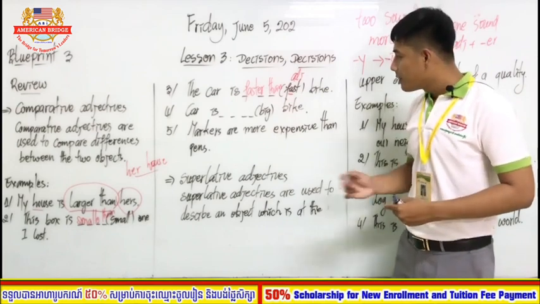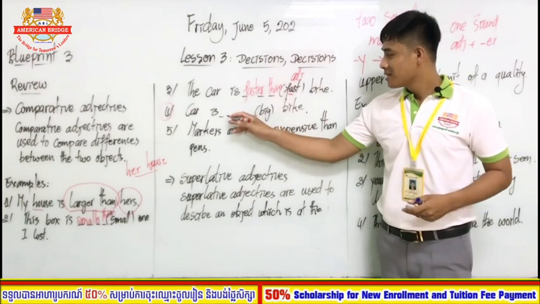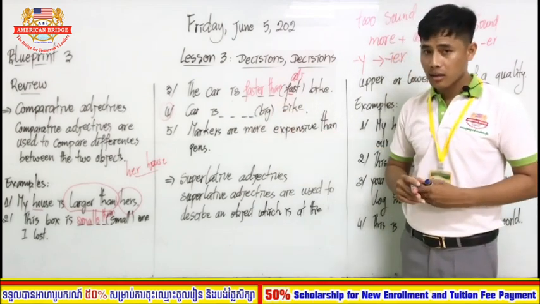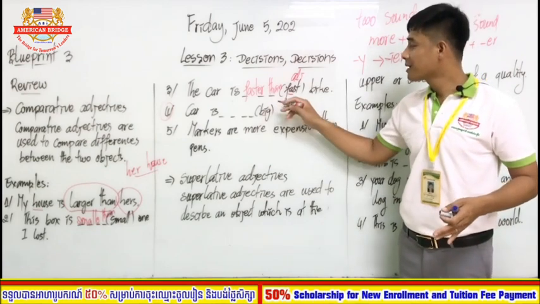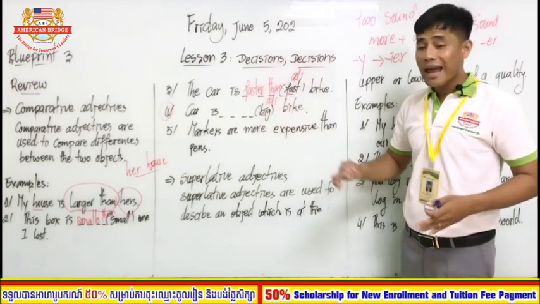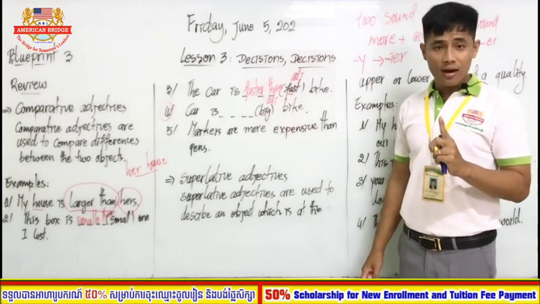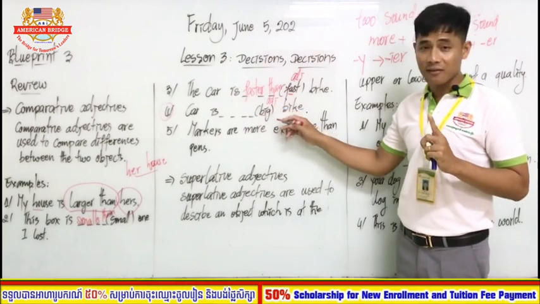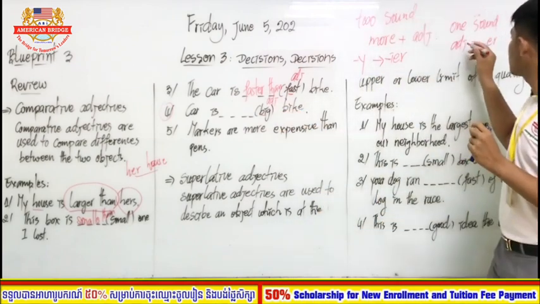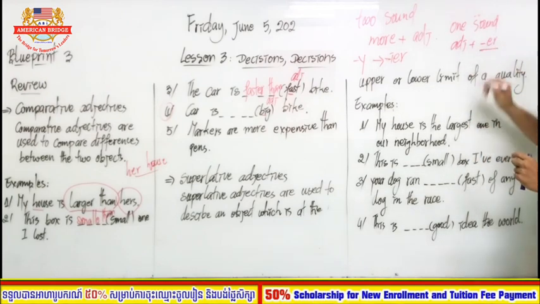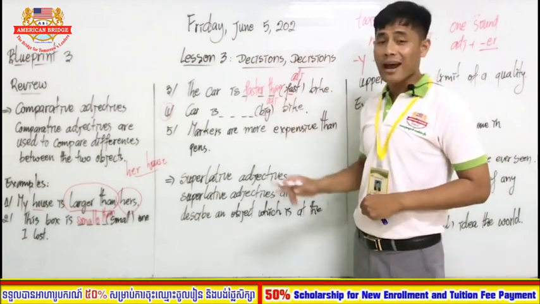Number 4 altogether, everyone. The car is bigger than the bike. Look at big. Big is an adjective. How many sounds does it have? Only one sound. So for one syllable we have to add er to that adjective.